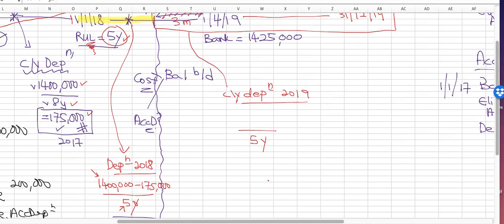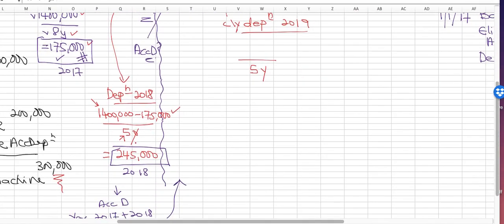And then, what is the cost? Follow the same as this one. If you deduct, how much? I calculate 14 minus 17, 1225, it is the same. Actually it is the same formula.